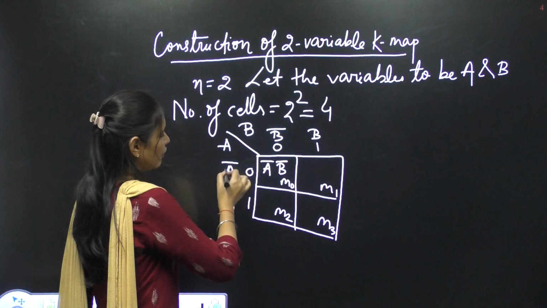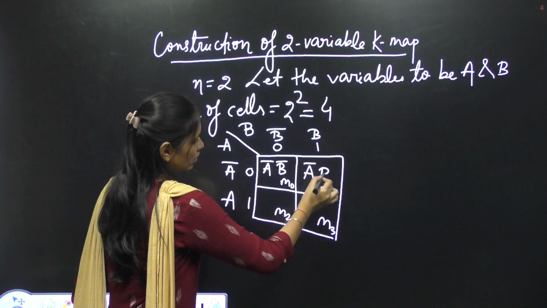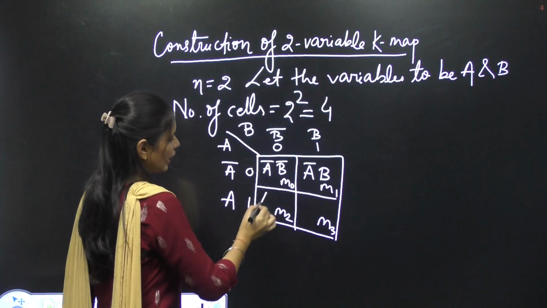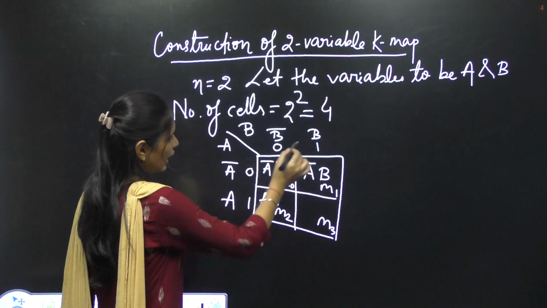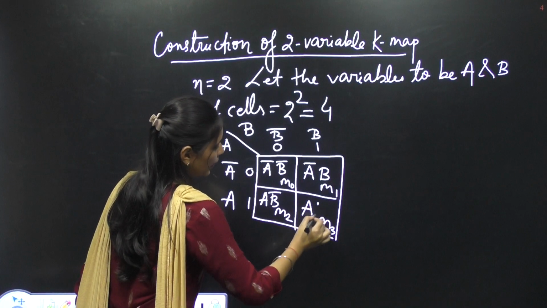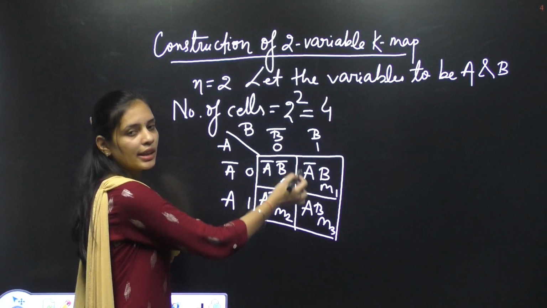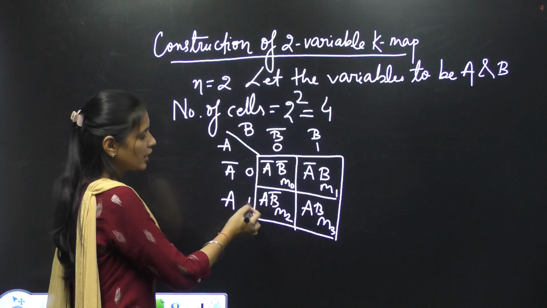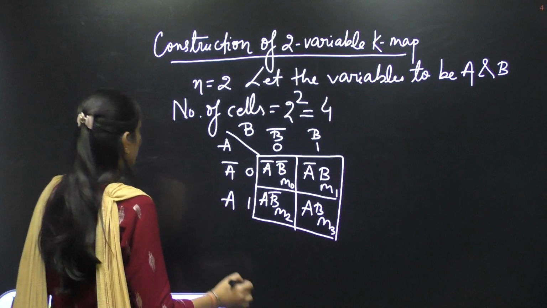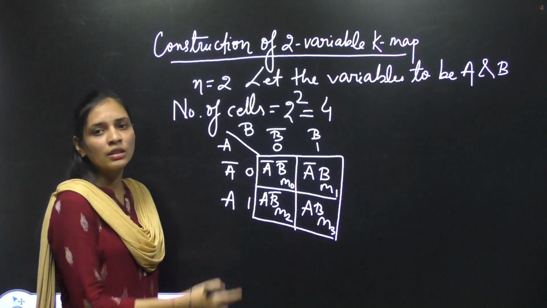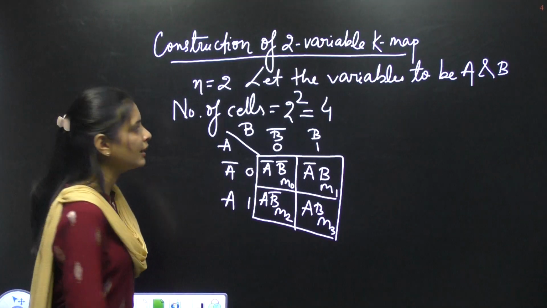In this cell I will have A bar into B, here A into B bar, and in the fourth cell AB. So M0 is A bar B bar, M1 is A bar B, M2 is A B bar and M3 is AB. This is how we construct the K-map for 2 variables A and B.